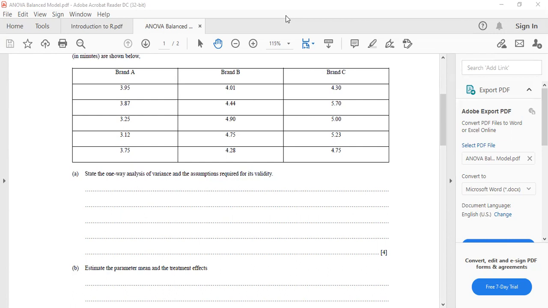Then brand 2 is 4.476. And then for brand 3, it's 4.996. Excellent.